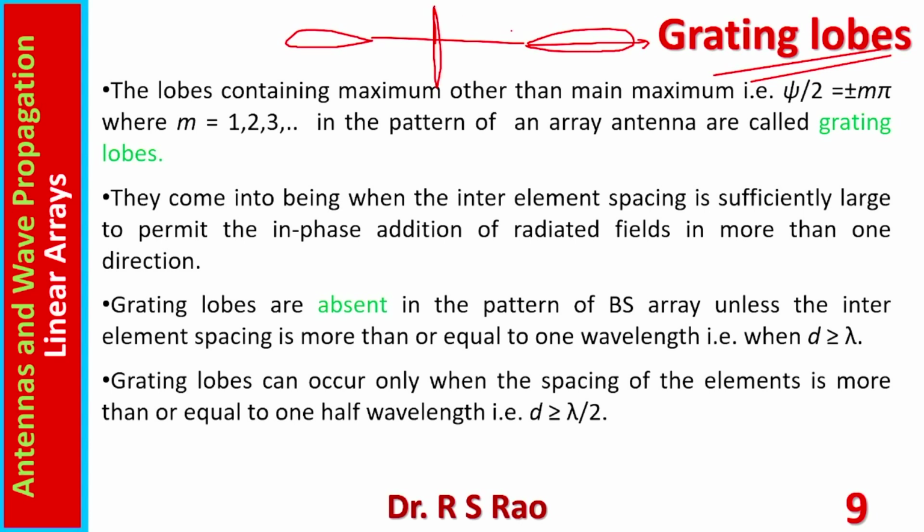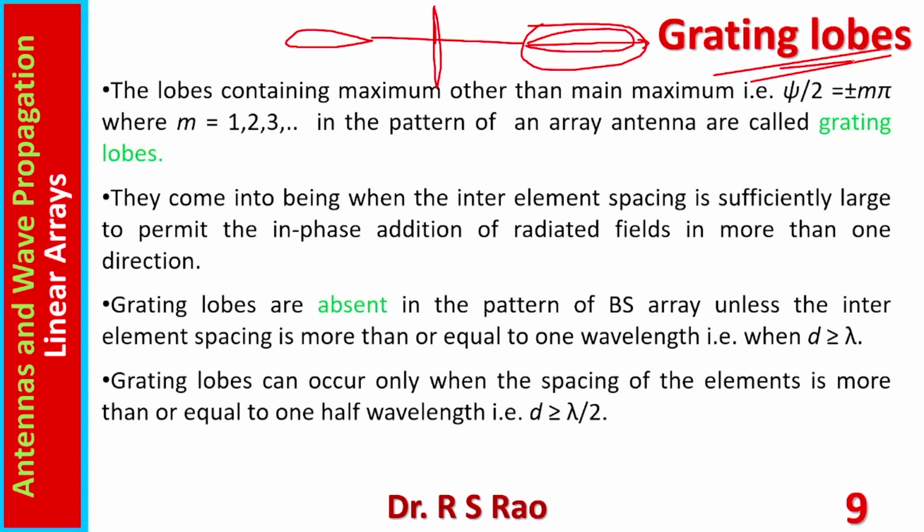What we want is maximum radiation only in one direction, but here it starts radiating maximum in other directions also. The radiation in any direction other than the wanted direction is a wastage. Grating lobes indicate radiation in unwanted directions.